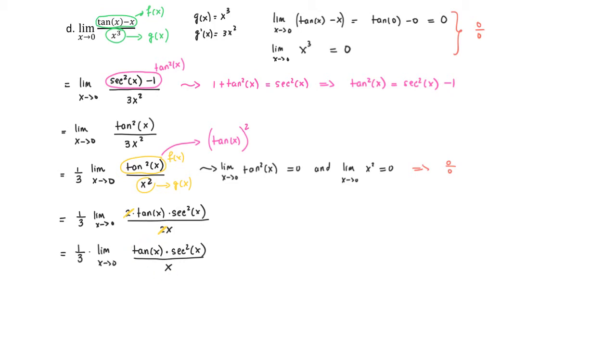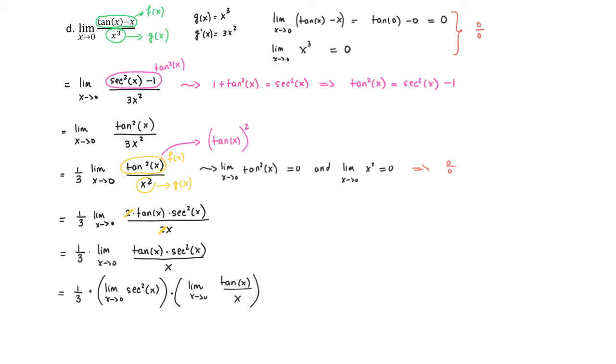I am going to put tangent and x together and secant squared by itself. So we're going to have 1/3 times the limit as x approaches 0 of secant squared x times the limit as x approaches 0 of tangent of x over x. I haven't changed anything, I just reorganized the factors.